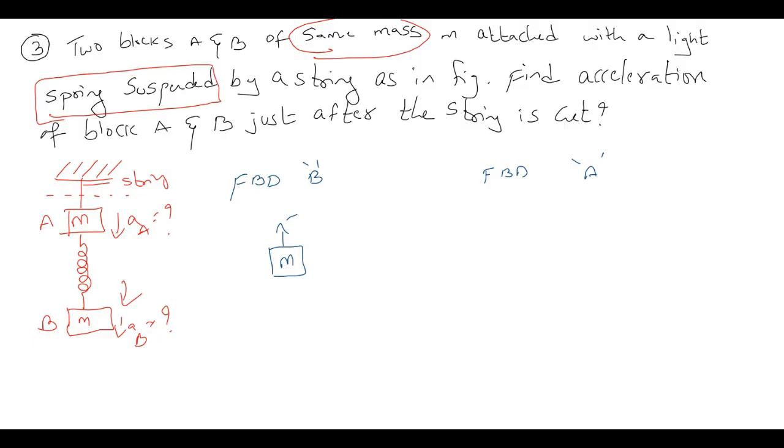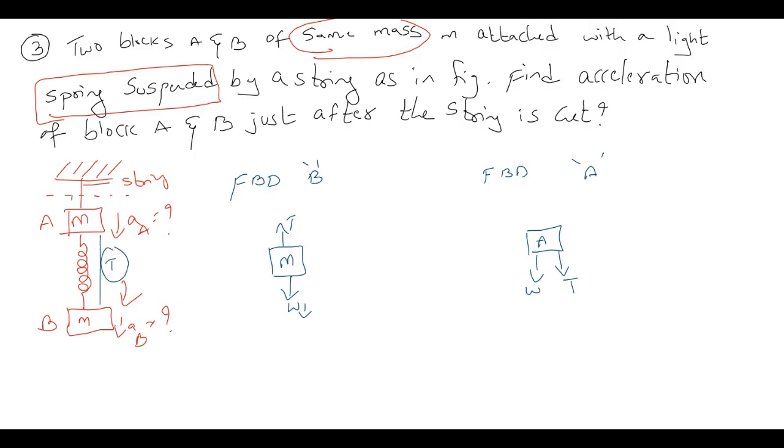So tension will be upward. Okay, weight will be downward. For block A, what will happen? See, weight will be downward, tension also will be downward, and both are connected with the same spring, so tension will be the same, but acceleration is not the same.